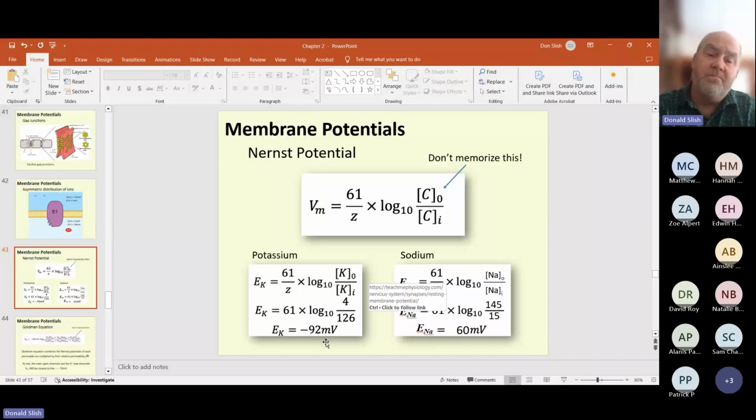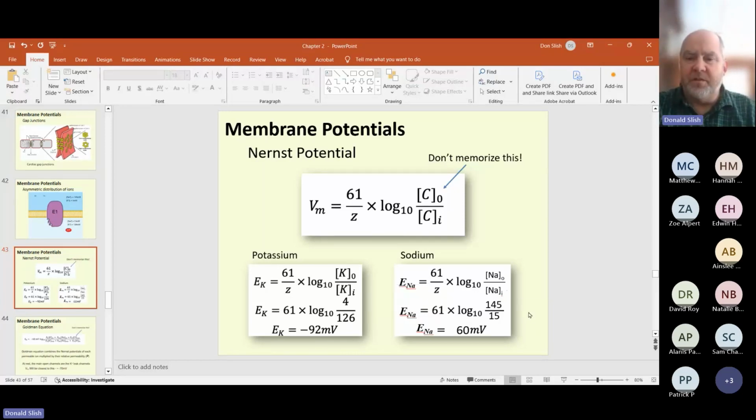If you go more negative than that, it'll come into the cell against its concentration gradient. So that's its electrochemical equilibrium potential. At minus 92 millivolts, if you open all the potassium channels, it will be in equilibrium, in and out.